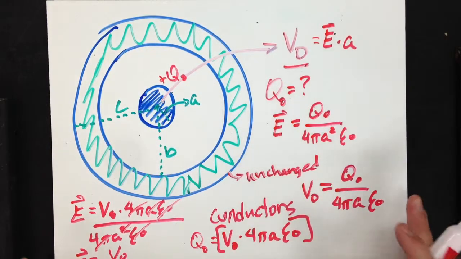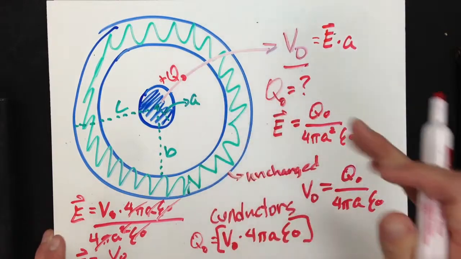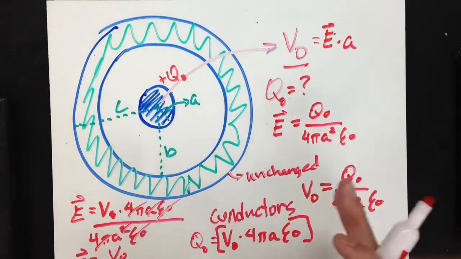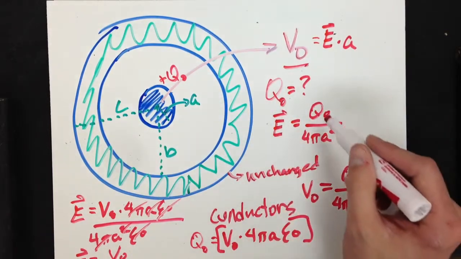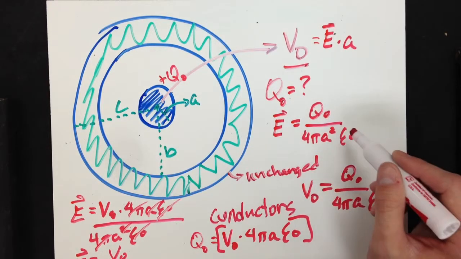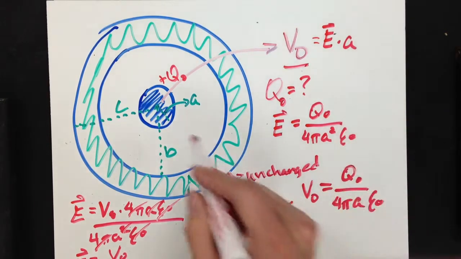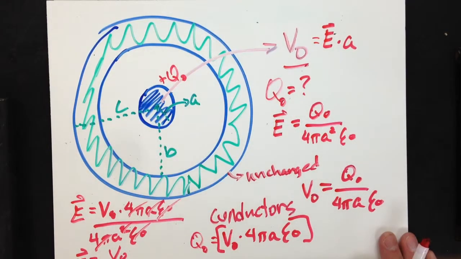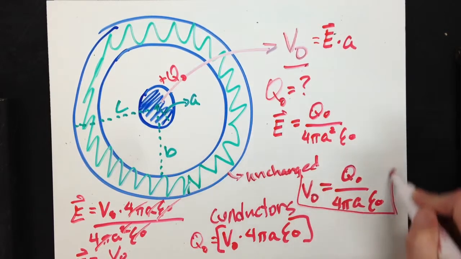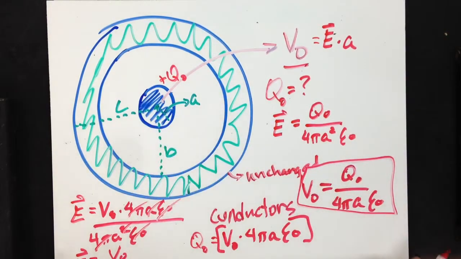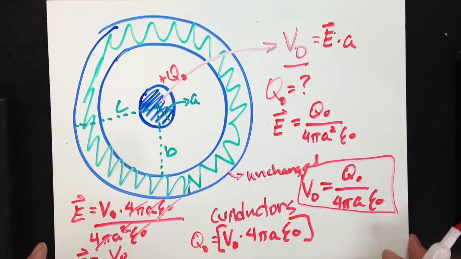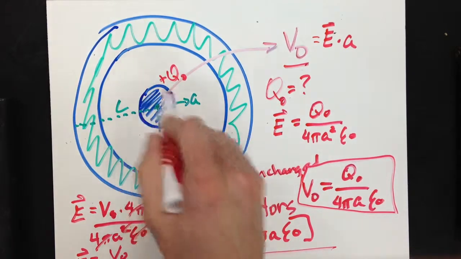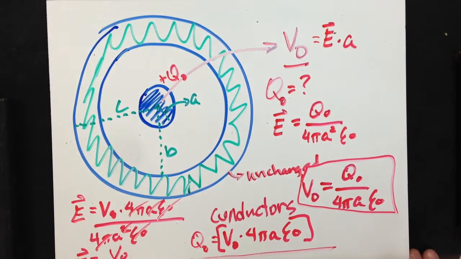If I wanted to think about my electric field as a function of R, things would be a little different, because my electric field as a function of R would be Q naught over 4 pi R squared epsilon naught. But I know that the electric potential of this conductor is a constant, so this Q naught would also be a constant, because each of those numbers is a constant, meaning this charge isn't going to change.